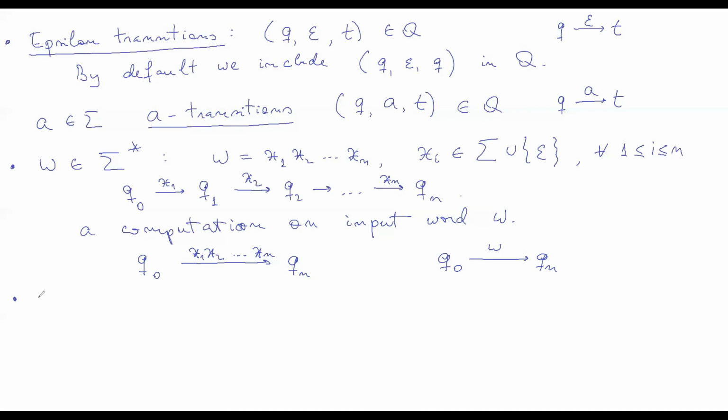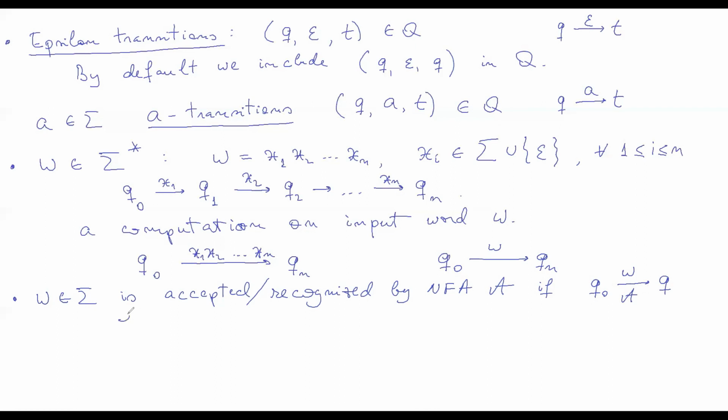So we will say that W is accepted, or we also say recognized, by the non-deterministic finite automaton A if Q0 goes with W to some state Q in automaton A for some final state Q. And we also say in this case that A accepts or recognizes W.